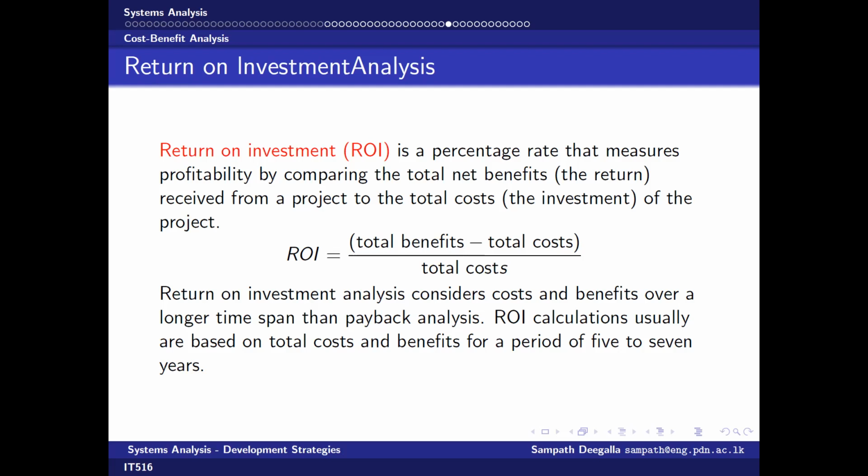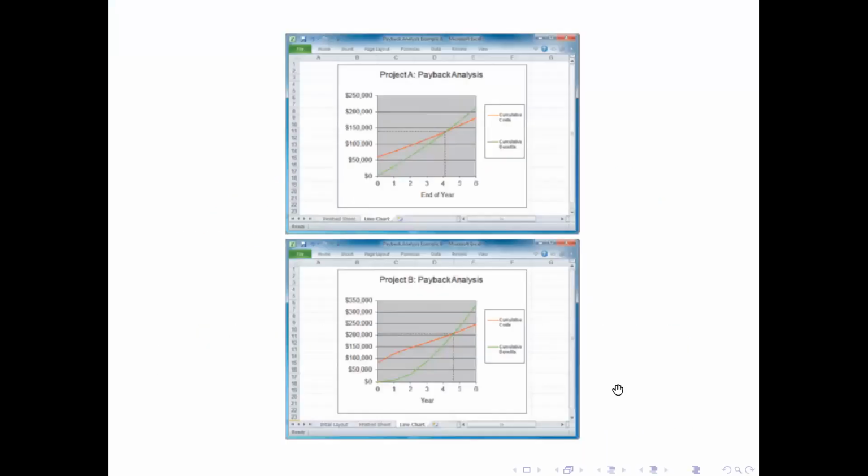You can check how long it will take. Return on investment, ROI. Usually this is based on 5 to 7 years. So let's check this: total benefits minus total cost, divided by total cost.